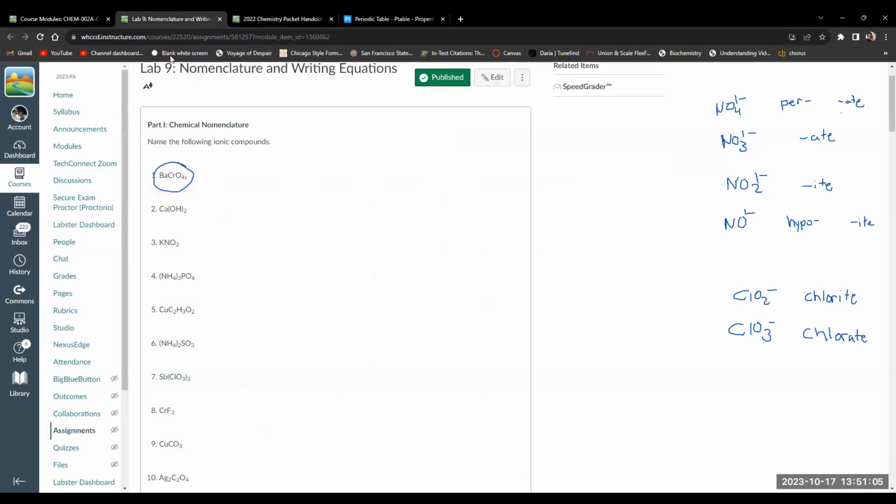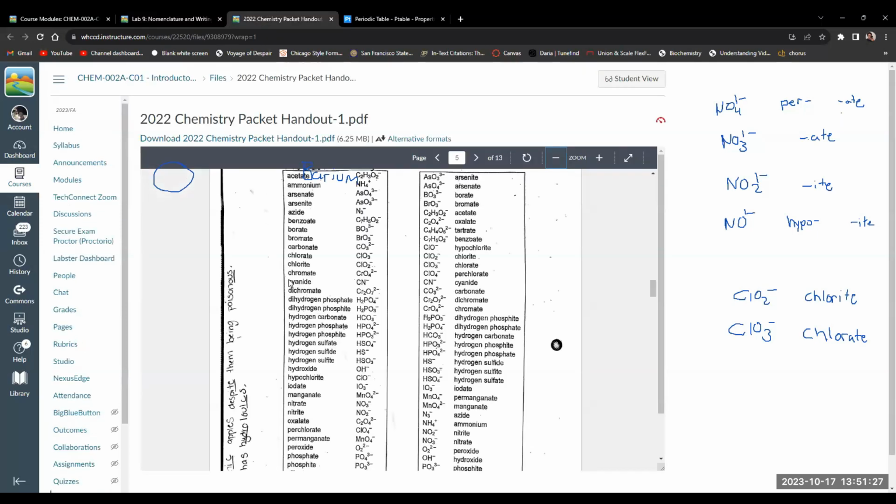So let's look for Ba in our periodic table. What is that? It's barium. CrO4 will be found in our polyatomics. This one, chromate.